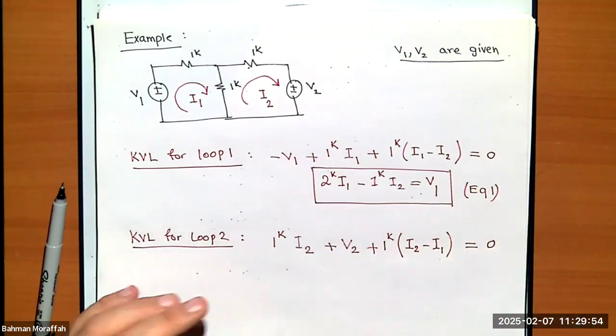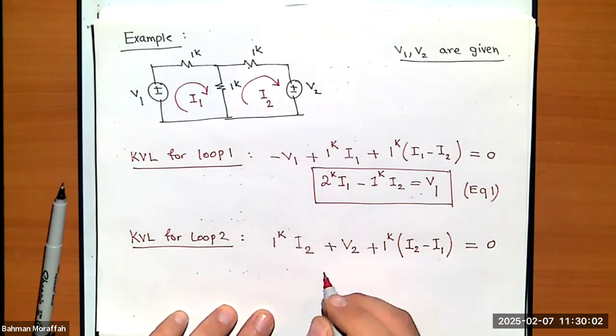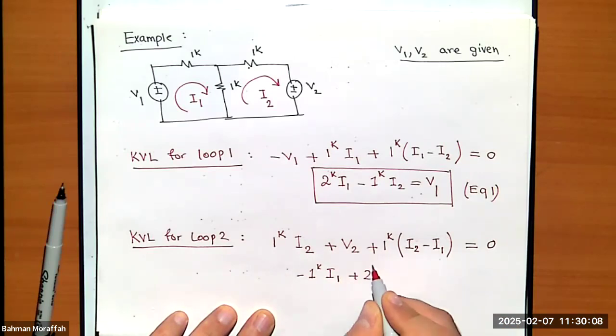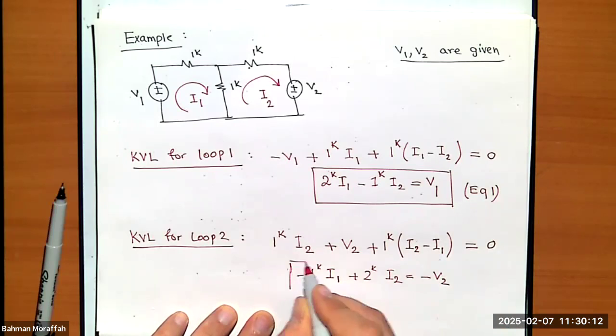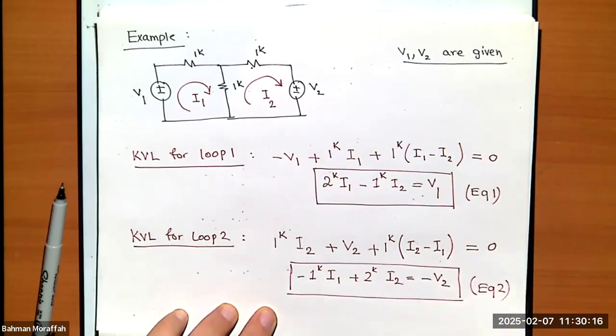And I close the loop, and that's it. Again, I can simplify this. I have 1K I2 and 1K I2 here, and negative I1 over here. So I have negative 1K I1 plus 2K I2 equals negative V2. And that would be my second equation.